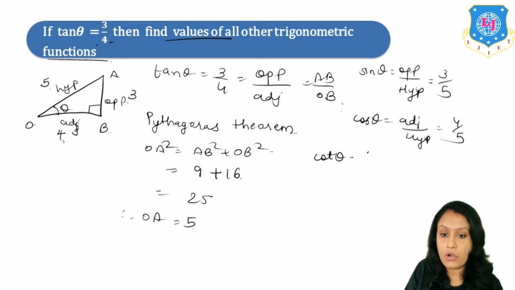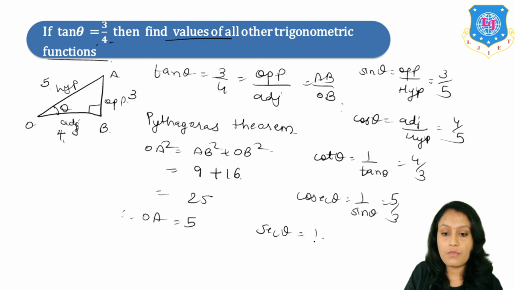Cot theta is 1 upon tan theta, so its answer is 4 upon 3. Then cosec theta is 1 upon sin theta, so the answer is 5 upon 3. And at last sec theta is 1 upon cos theta, and the answer of cos theta is 4 upon 5, so this is 5 upon 4.